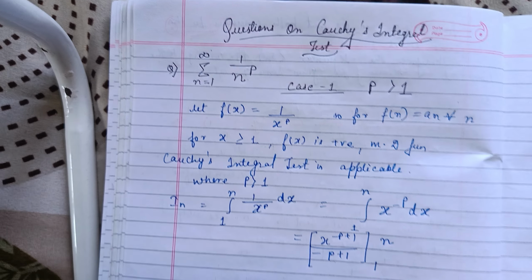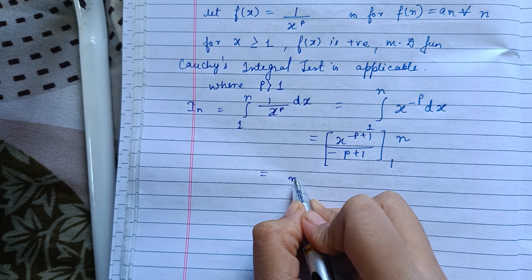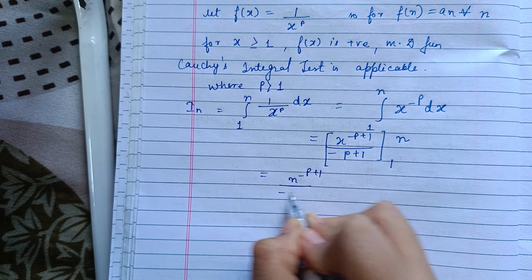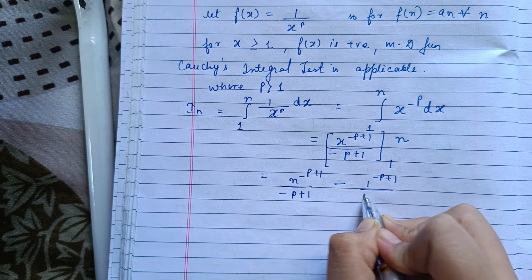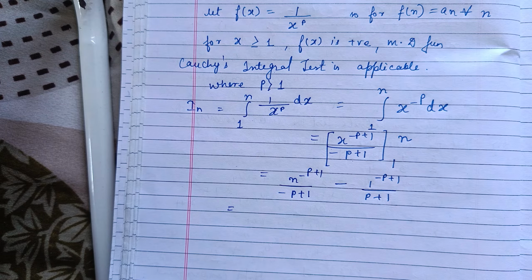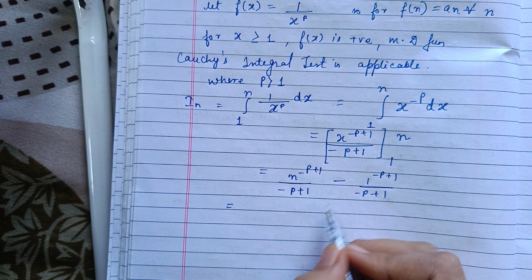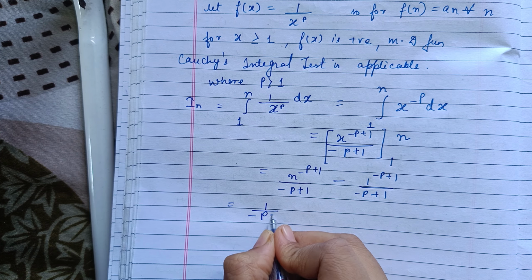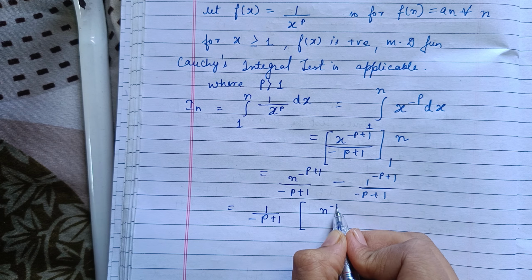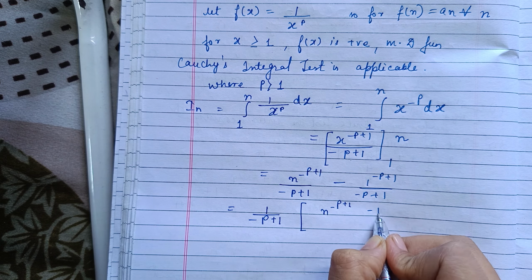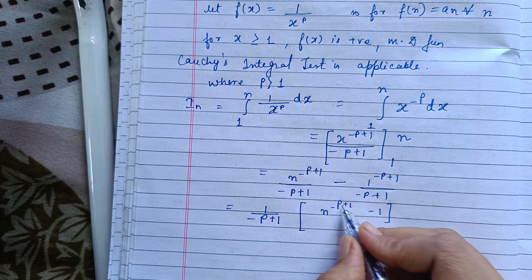Now I am putting the limits in place of x: n to the power minus p plus 1 upon minus p plus 1, minus 1 to the power minus p plus 1 upon minus p plus 1. Now you can see I can take this minus p plus 1 as common here, and I will be left with n to the power minus p plus 1 minus 1. Okay, this is nothing but the minus 1.